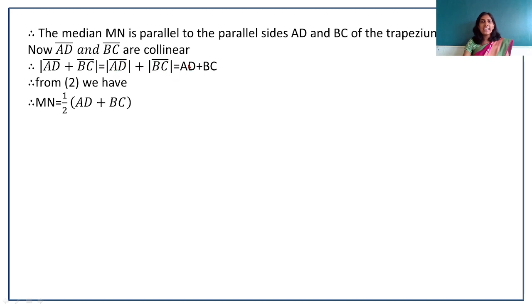That means this is AD, and this is BC. So MN is equal to 1 by 2 of AD plus BC. That means the median MN is equal to half of the sum of the parallel sides.